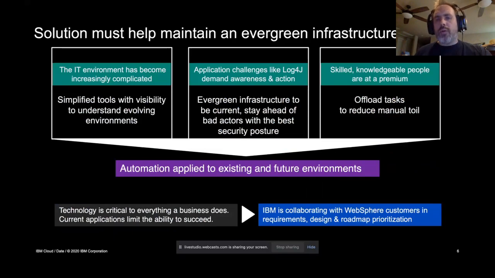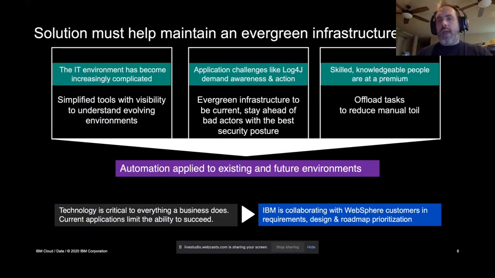And do that through a lens of a term you may or may not be familiar with, which is evergreen infrastructure. Help you keep that environment constantly up to date, constantly on the latest versions, latest fix packs, so that you can stay ahead of bad actors with the best security posture possible.